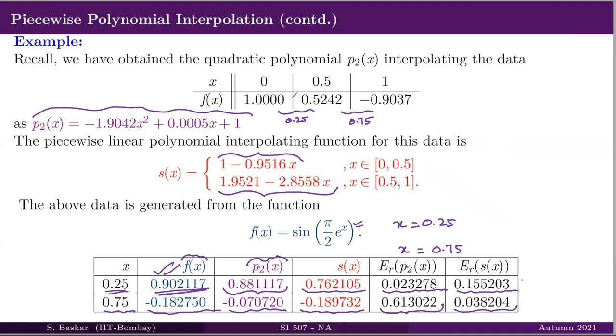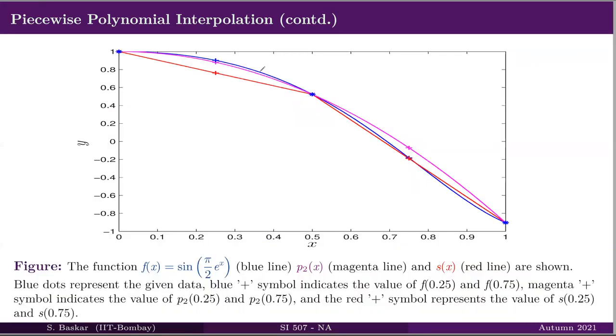Let us see this graphically. In this graph, we are showing the graph of the function f of x by blue solid line. The magenta solid line is the quadratic polynomial interpolation, and the red solid line is the piecewise polynomial interpolation.